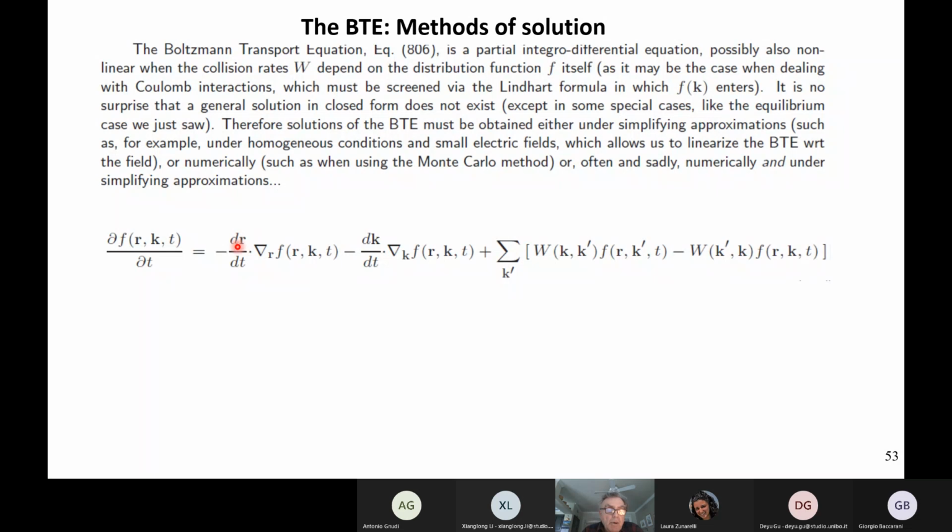In a parabolic band approximation, this is proportional to k. So if I multiply by some power of k, k^n, and integrate this entire equation, every single one of these terms will give me the nth moment. But this term here will give me the n plus first moment.